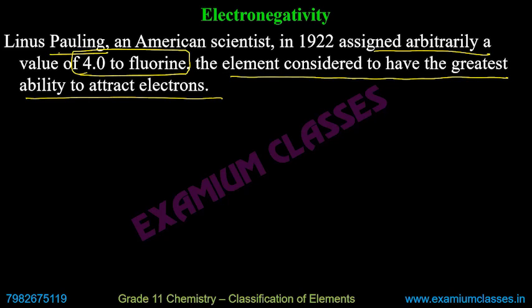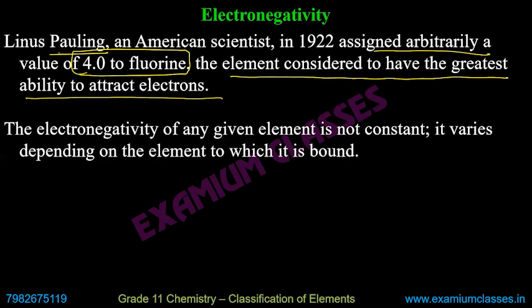With respect to this one, we have electronegativity values of others. Now don't get confused that I'm talking about electronegativity. So fluorine has the highest electronegativity, not electron gain enthalpy. There is an exception for electron gain enthalpy. In the periodic table, the most negative electron gain enthalpy is of chlorine, not of fluorine, due to an exception.